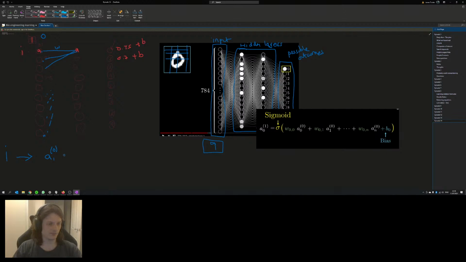Okay, so let's say that's right, and maybe I'll just change the colors a bit here. So this will be A1 of layer 0, and this will be W 0, 0.